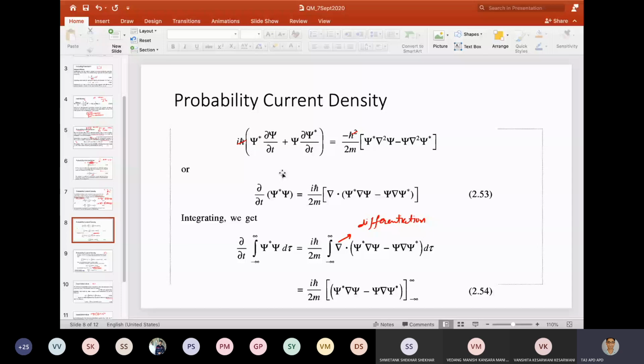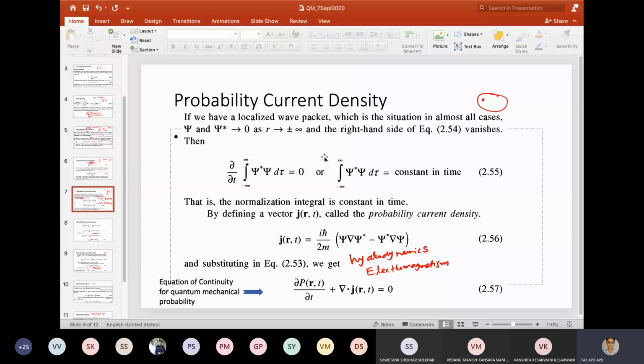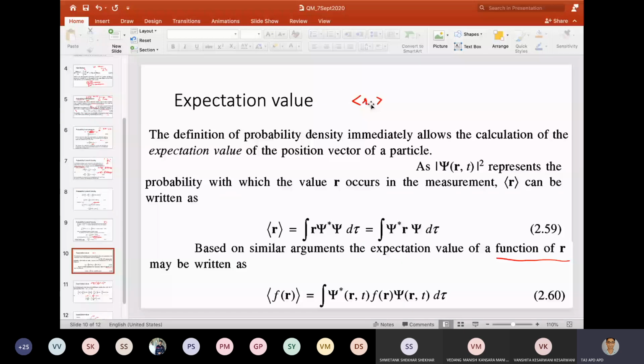Simply, we multiply that position coordinate by the probability, which amounts to sandwiching that parameter between psi star and psi. So that is the expectation value.